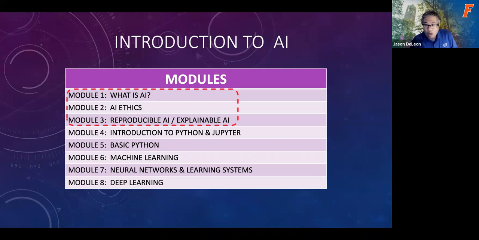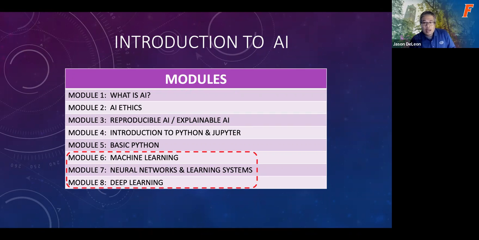So modules 1 through 3 help set up the foundation for the class. Modules 4 and 5 introduce us to technical and hands-on learning aspects of AI. And then modules 6 through 8 not only expose us to technical AI, they also allow us to start playing and experimenting with AI.